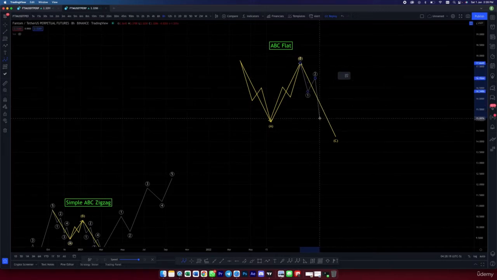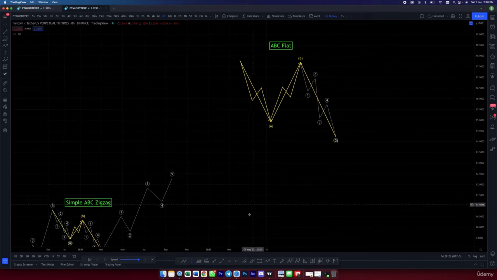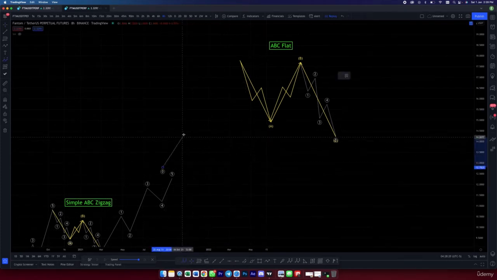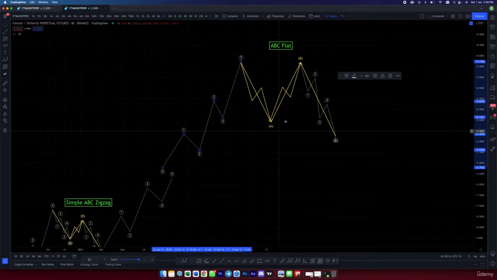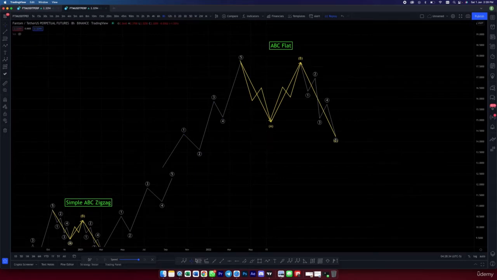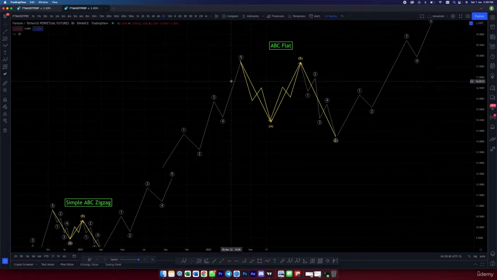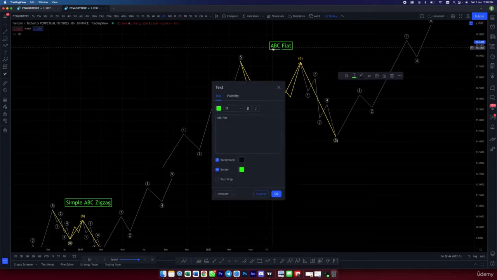Keep this in mind that C will always contain 5 waves. So this will also happen, and how it will look is the market will come from this 1 2 3 4 and 5. You will see the ABC flat, and then you will see 1 2 3 4 and 5, right? So instead of a 5 3 5 structure, this is a 3 3 5 structure.